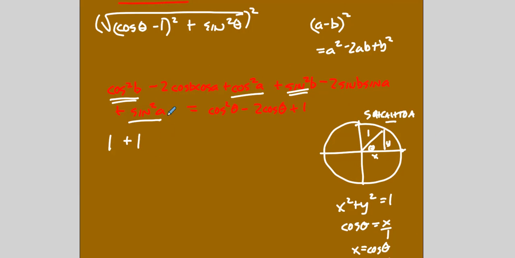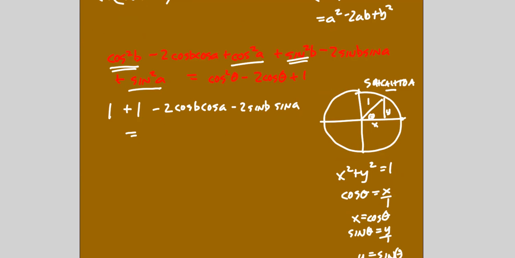Then I have minus 2 cosine B cosine A minus 2 sine B sine A. That's the left side, and then that's going to equal, okay, so here we have cosine squared theta minus 2 cosine theta plus 1.